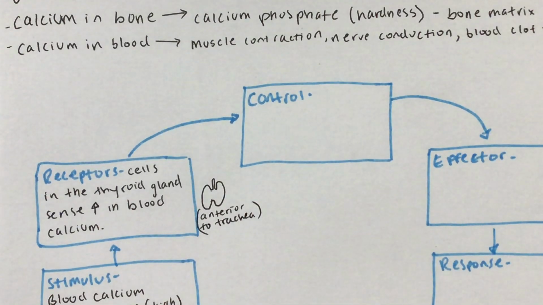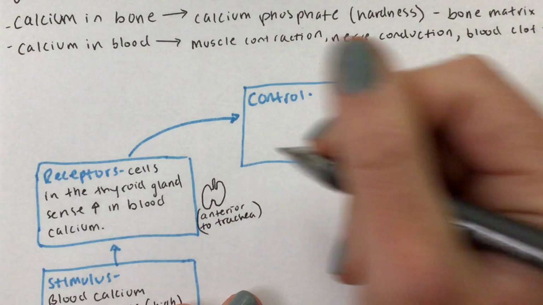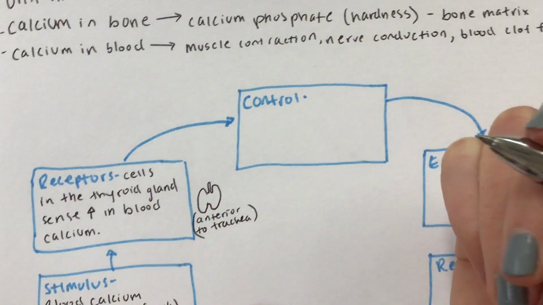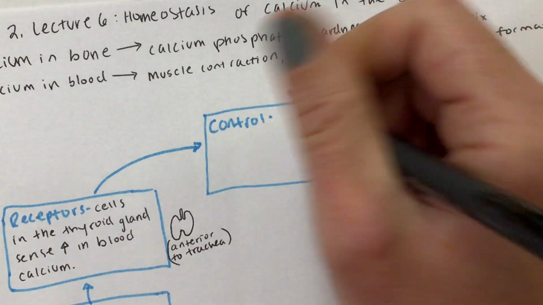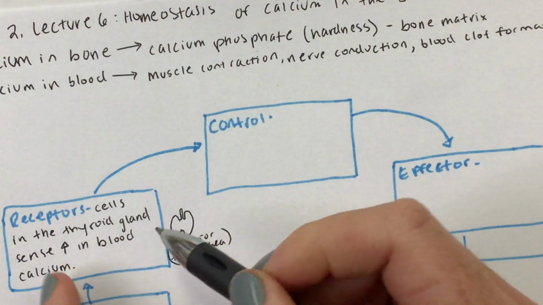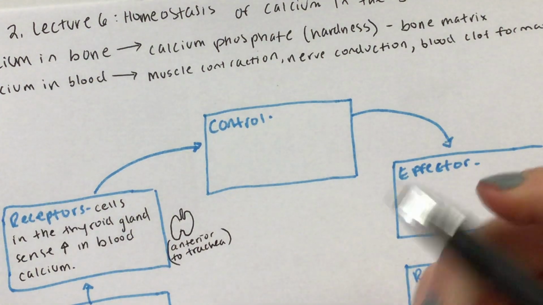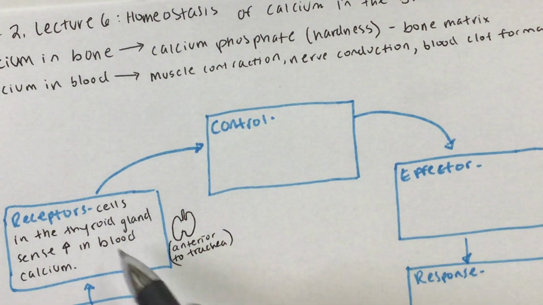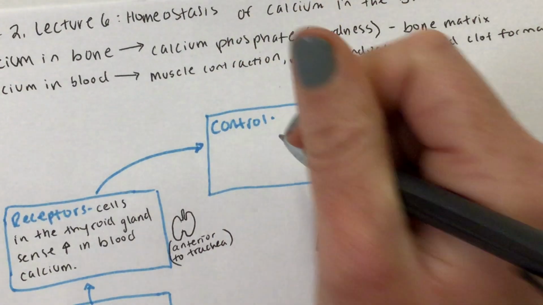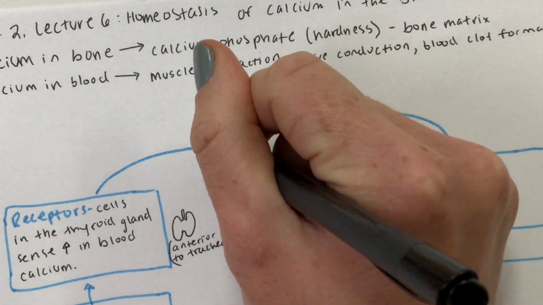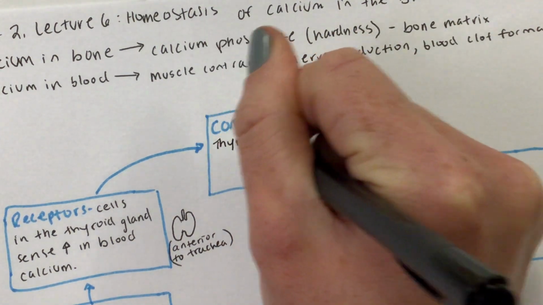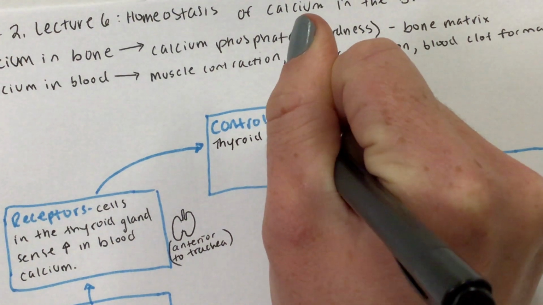All right, so once these cells in the thyroid gland sense this increase in blood calcium, they are going to decide to release calcitonin. So the receptors are the cells in the thyroid gland, and the control center is the thyroid gland itself. So thyroid gland.